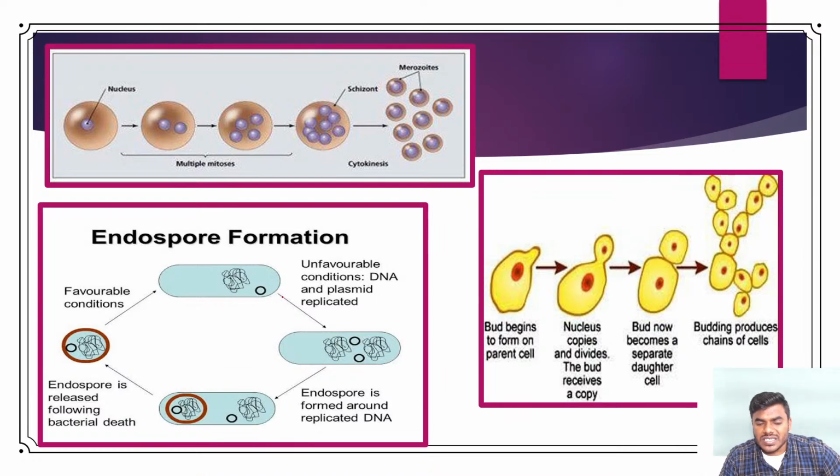Every student, please listen to my words very carefully. Once the condition is unfavorable, what happens? Look at this: this is the major DNA of the bacteria, and this is the extrachromosomal DNA, the plasmid. In the unfavorable condition, the original DNA is duplicated, and the plasmid is also duplicated.